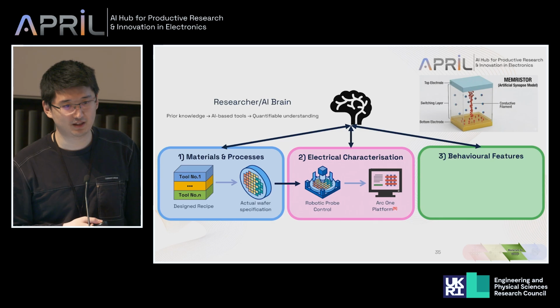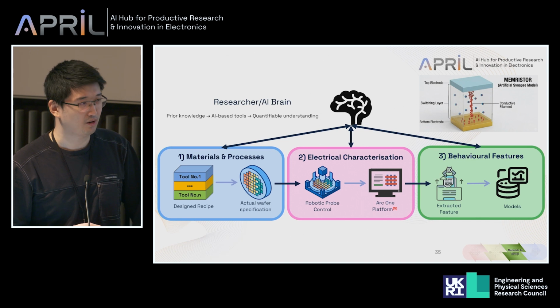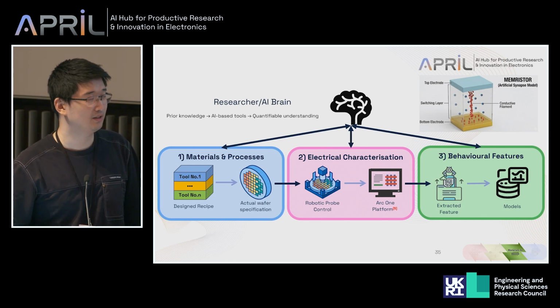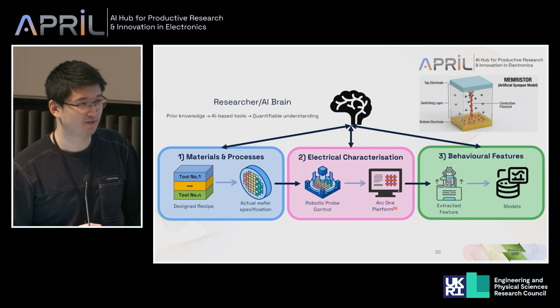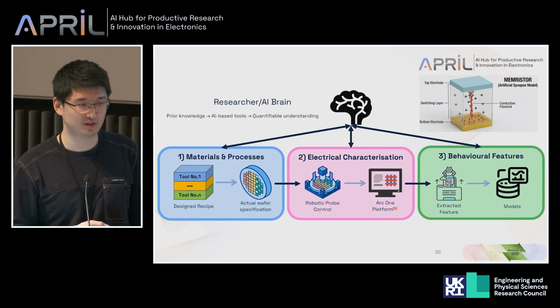So this can automatically and consistently collect all the electrical data points. Then we utilize those collected data points to do feature extraction, such as to discover the behavior of forming, volatility, and switching of the memory systems, and then derive them into models.